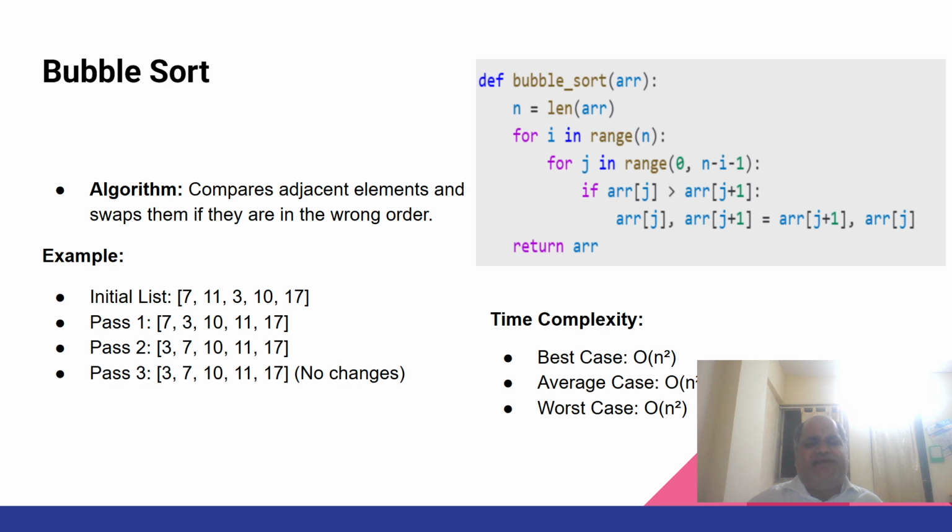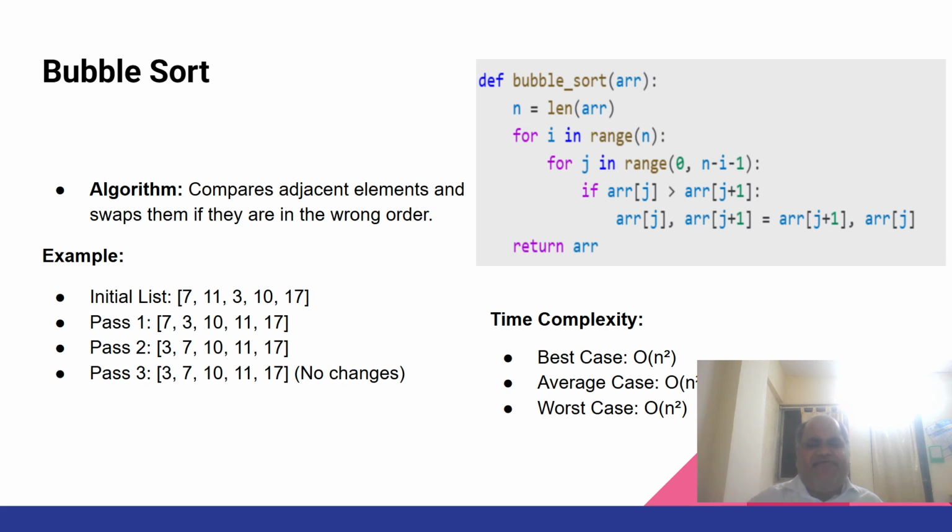So if you look at this statement, when you are processing the first element, i is 0, so it becomes n minus 0 minus 1, which is n minus 1. So for the first element, j will go from 0 till n minus 1. It means the whole list will be seen.